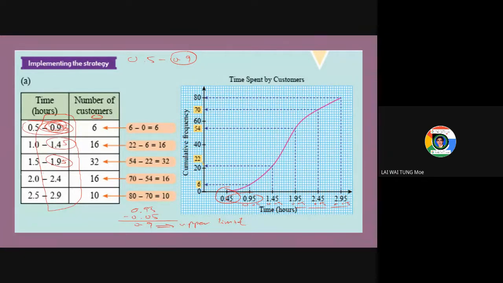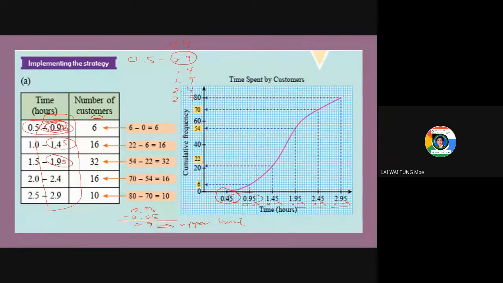So if the question didn't give you the class interval, you can minus 0.05 from each of these upper boundaries to get your upper limit. For 0.45, if I minus 0.05, I get 0.4. The next one, 1.45, gives 1.4, and then 1.9, followed by 2.4 and 2.9.